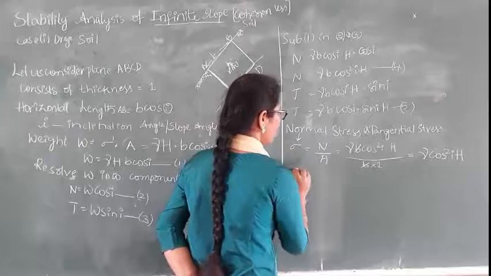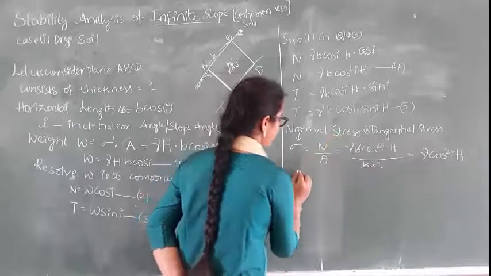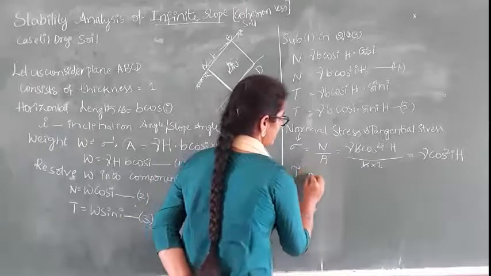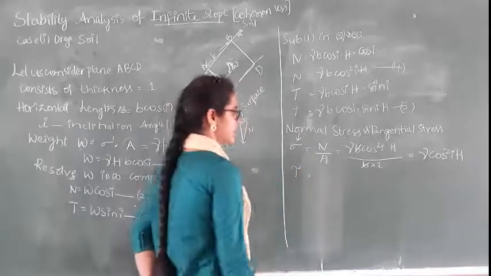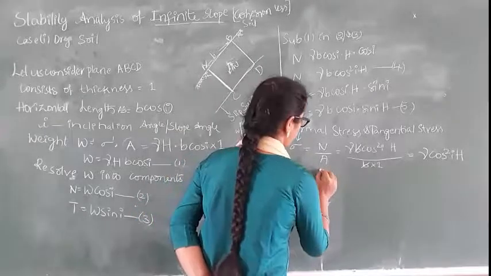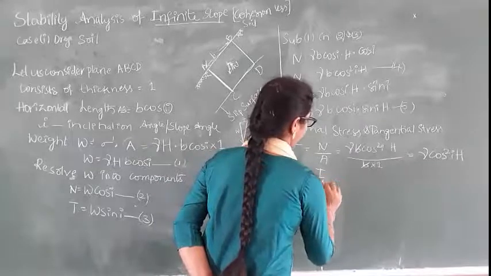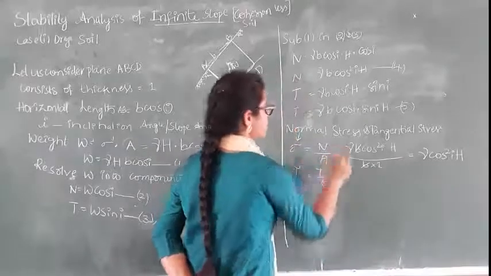Now let us define the tangential stress or shear stress. Shear stress tau is equal to T by A. What is T from equation 5?